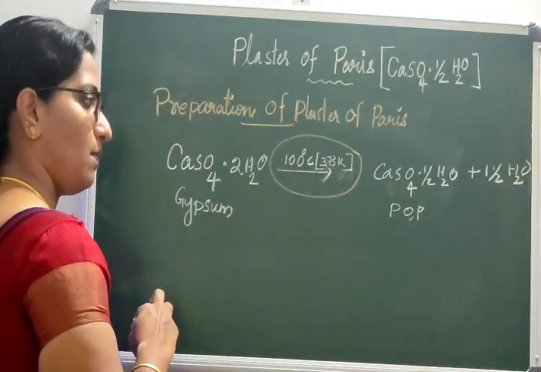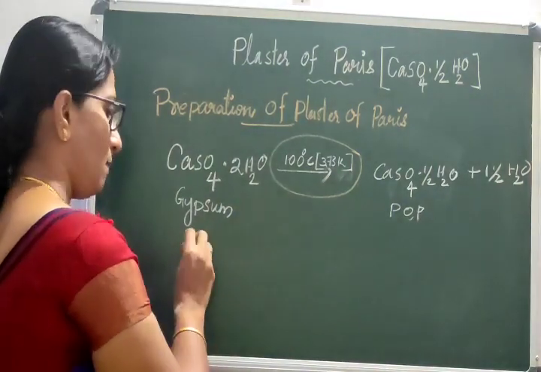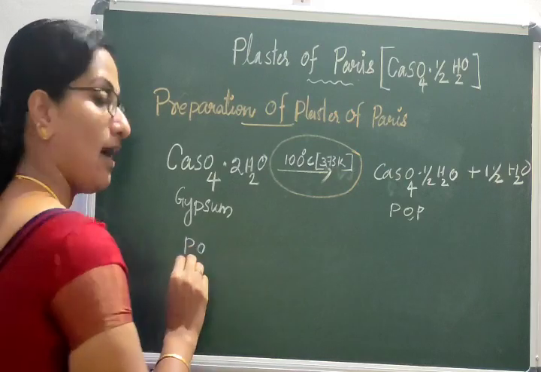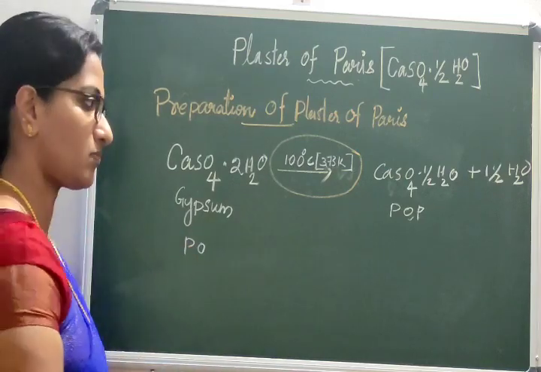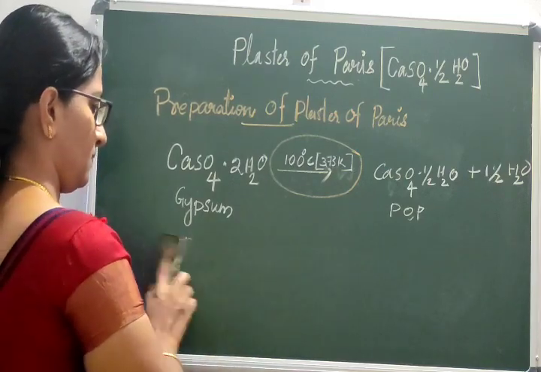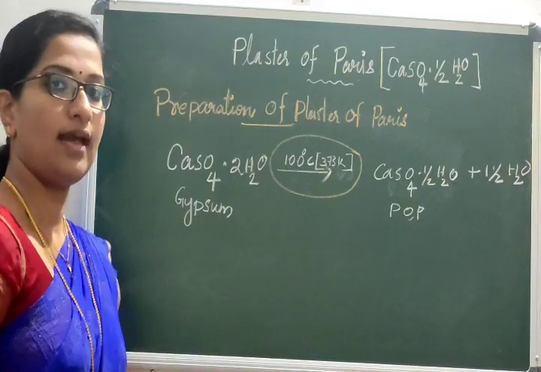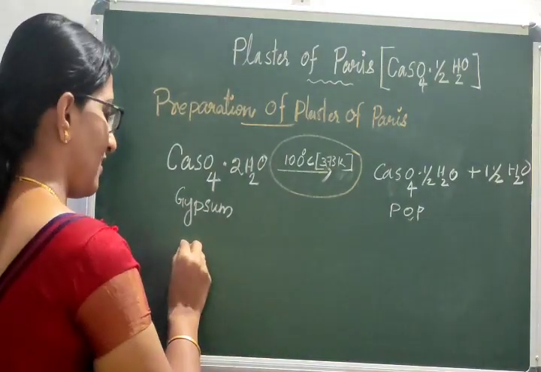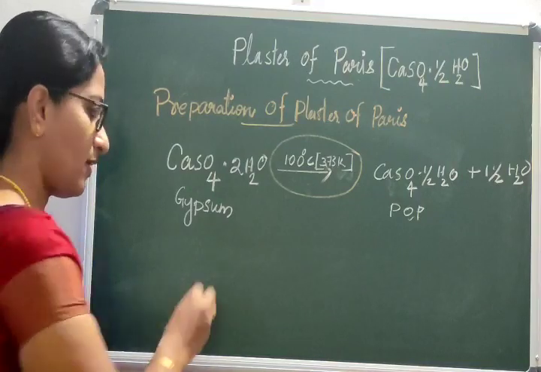Now, an important point: why should plaster of Paris be kept away from water? What happens if plaster of Paris reacts with water again?